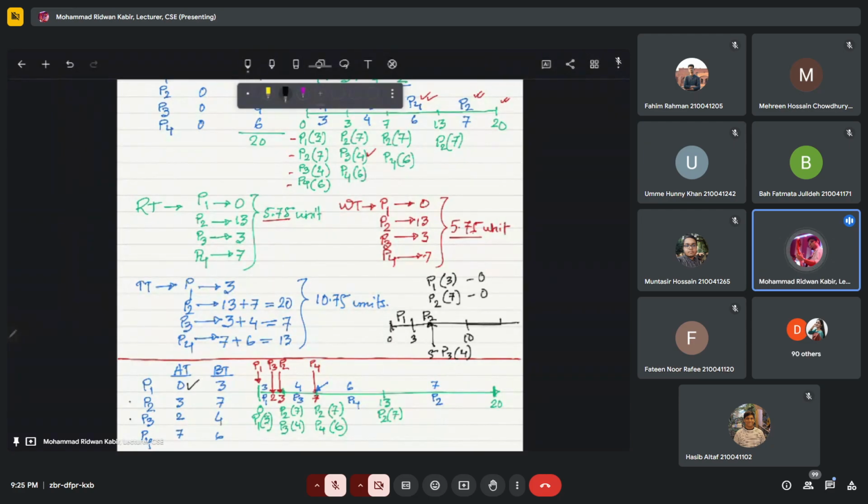But if by this time you had more processes, let's say at time tick 7 you had P4 with burst period 2, definitely after P2 finishes execution, P4 will get the CPU, which will thereby increase the waiting time for which process? The process P3. So it can happen.